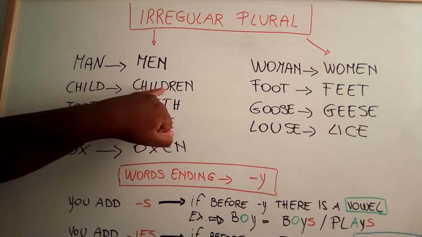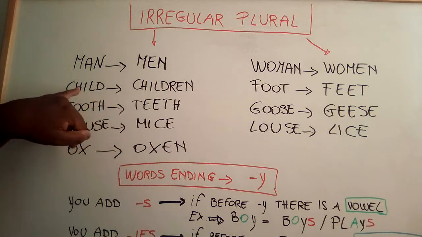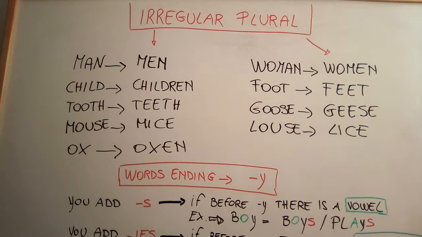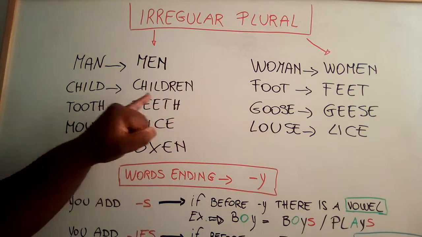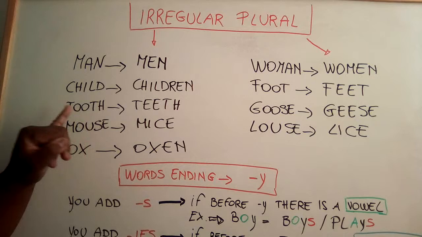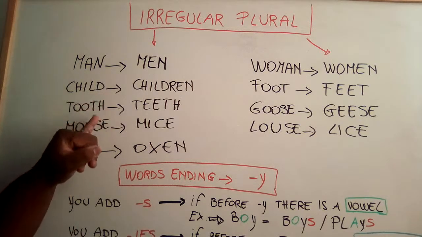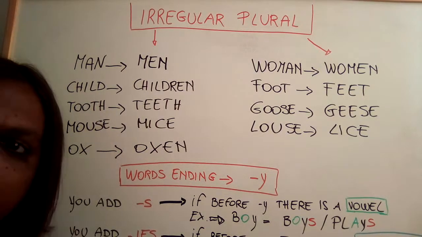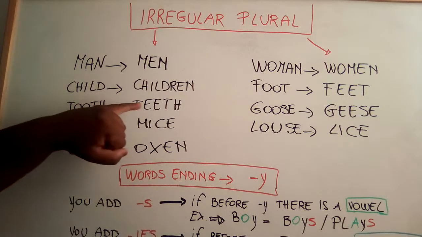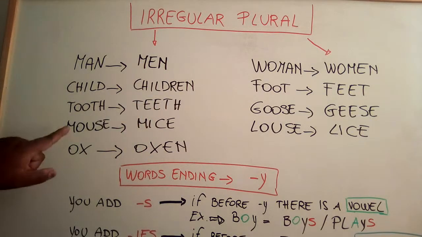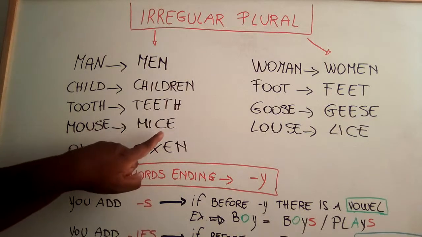Child, children. Okay, here we have a different spelling and also different pronunciation. So child, children. Tooth, remember the th sound, so th, tooth, teeth. Okay, mouse, mice.